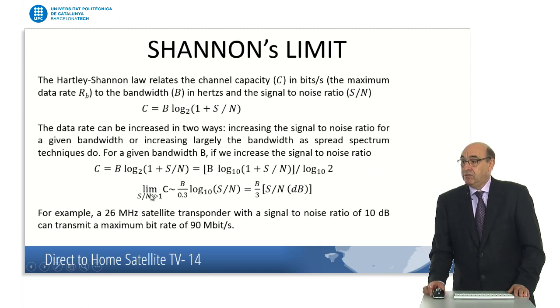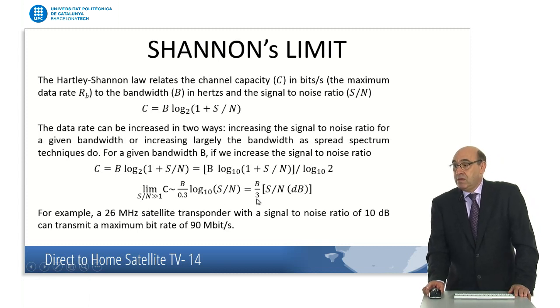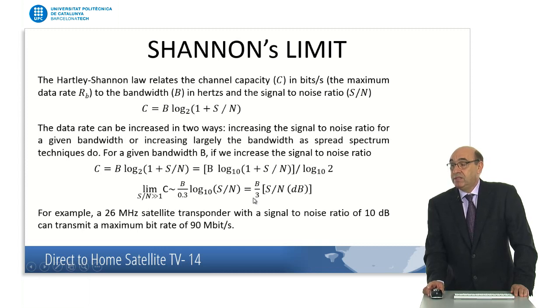Now, if the signal to noise ratio is much larger than 1, then we can approximate this expression by B divided by 0.3, which is log 10 of 2, drop the 1 and have log 10 of the signal to noise ratio. If we multiply and divide by 10, then we simply have here the signal to noise ratio in decibels. So the channel capacity asymptotically tends to the bandwidth divided by 3 times the signal to noise ratio in decibels.